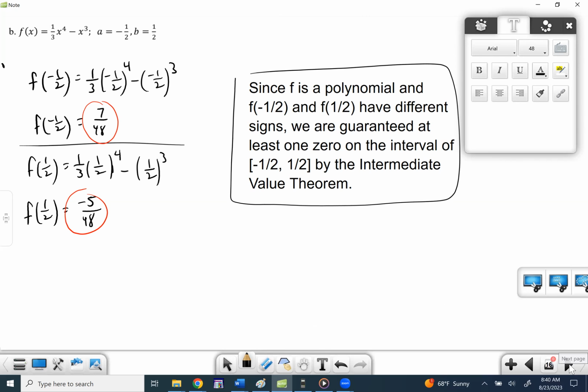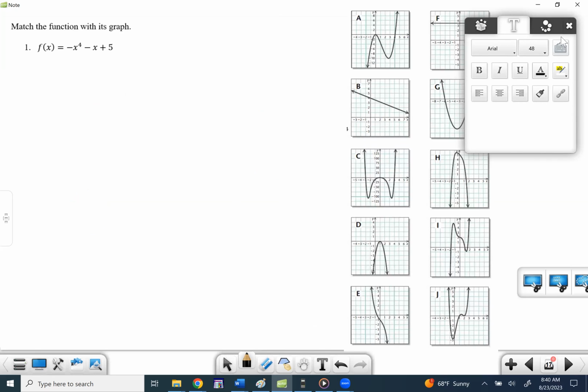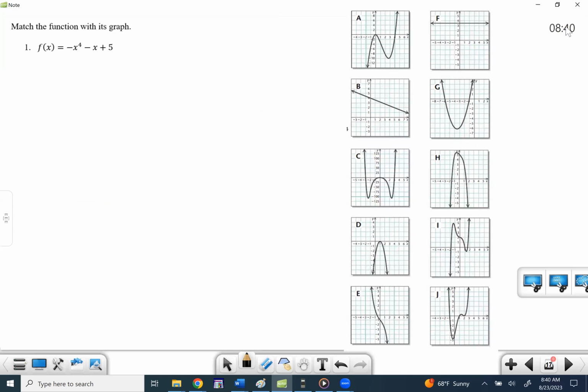All right, you guys. So here's just a little matching. So we'll finish up with trying to quickly pick out a graph given a polynomial. Something that I'm noticing is that the leading term is -x⁴. So since the leading coefficient is negative, that implies that the right will go down. Also, since the degree is 4, and that's even, then that implies odds opposite, evens the same.